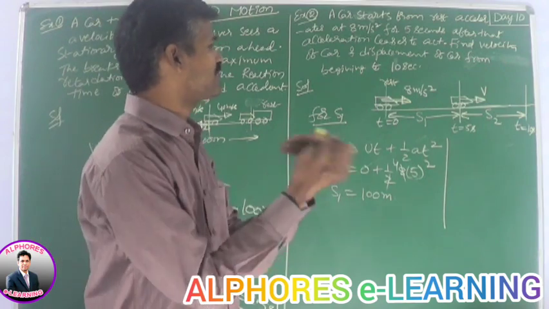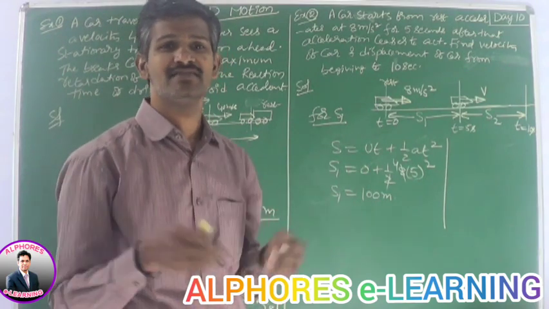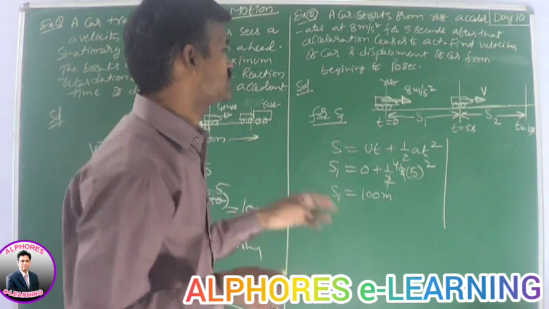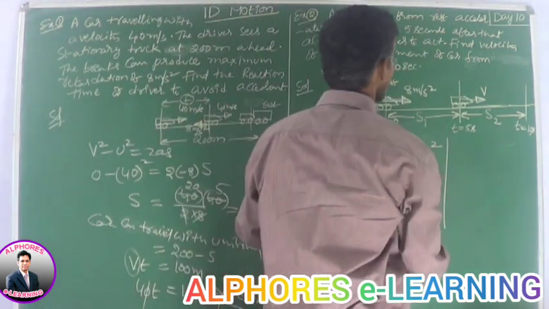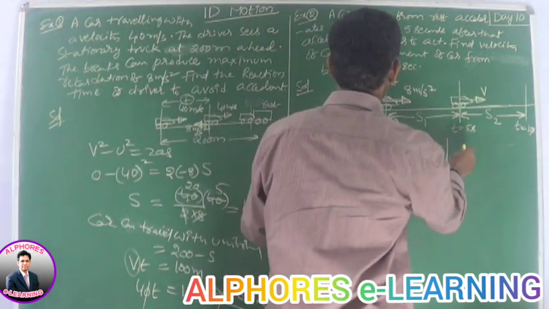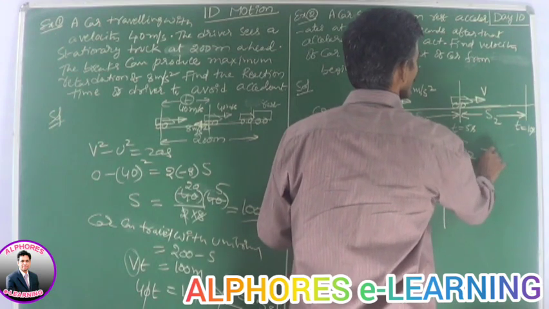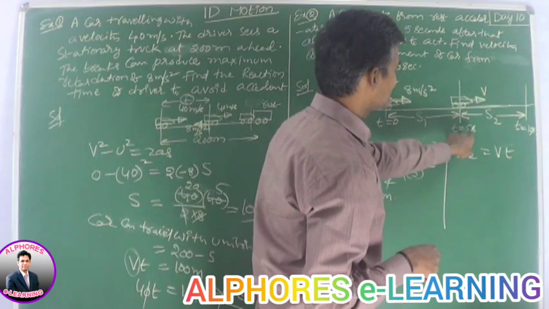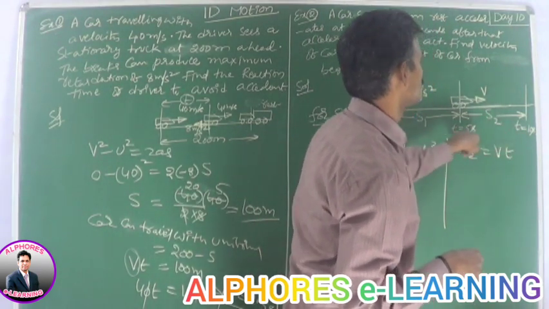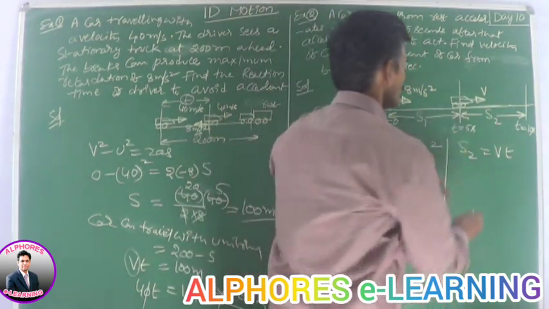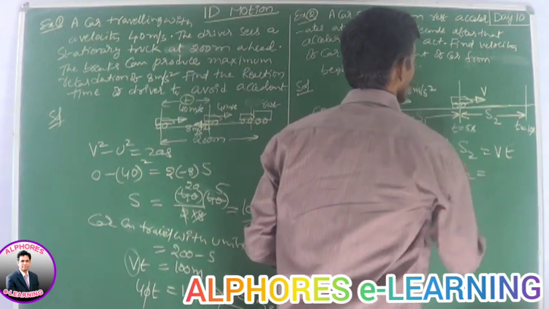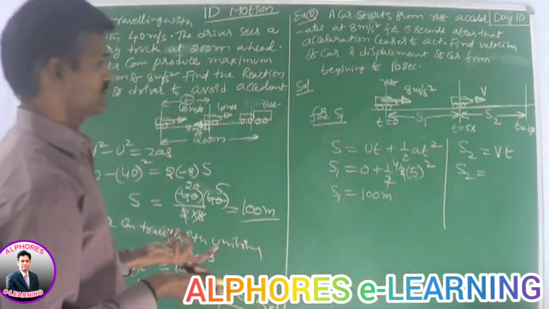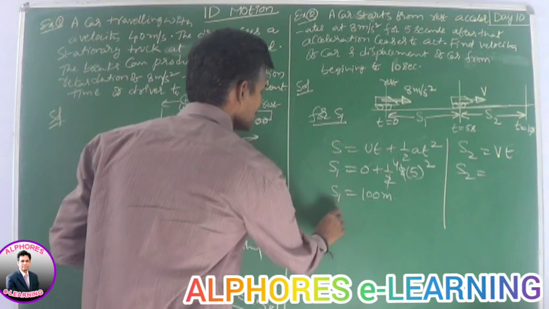Next, for calculation of S2, the car is traveling with a uniform velocity. Why? Because there is no acceleration; the driver stops applying acceleration. So this distance S2 with a uniform velocity is V into t, from 5 seconds to 10 seconds, time taken is only 5 seconds. What is the velocity? Sorry, we have to calculate the velocity first.